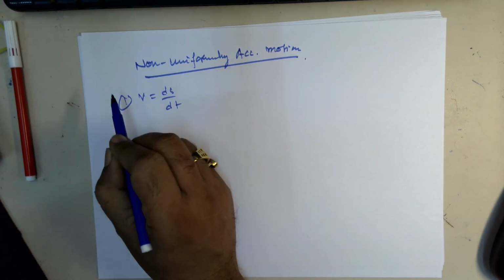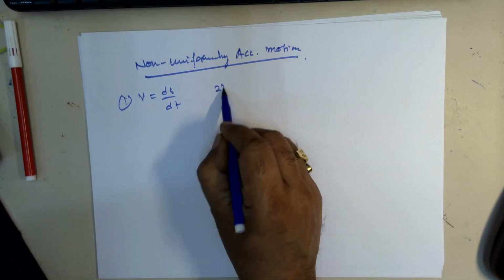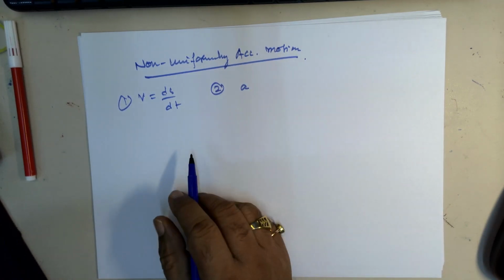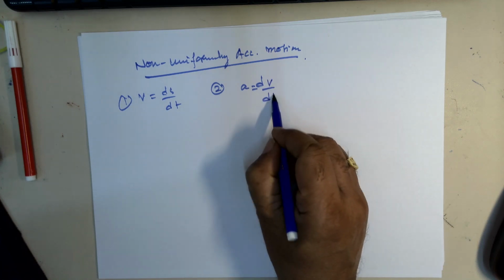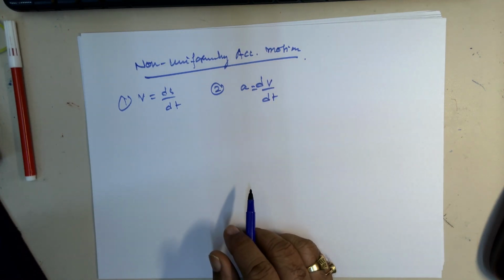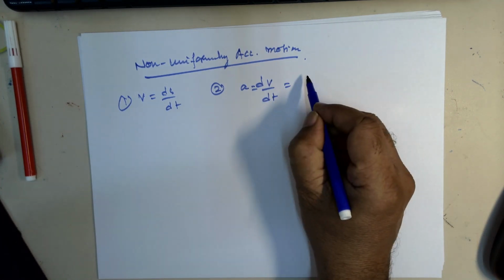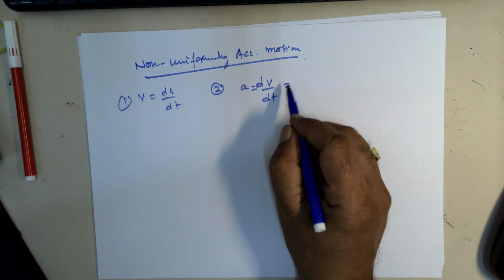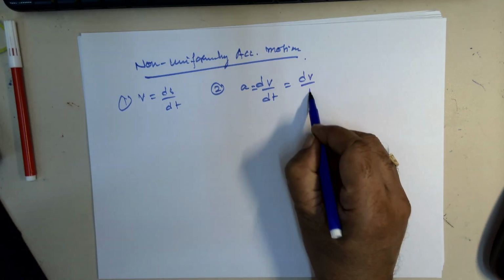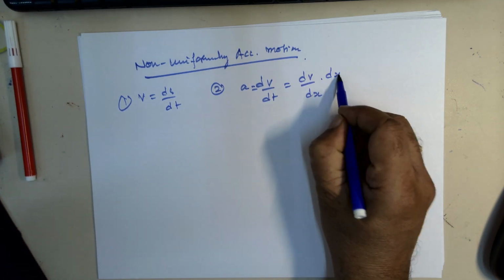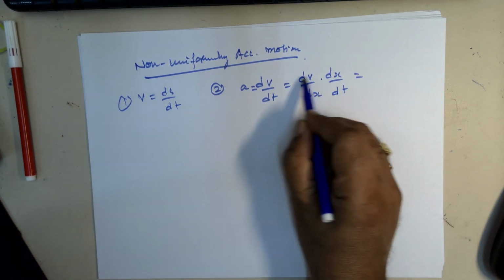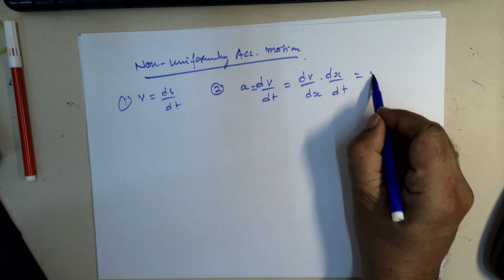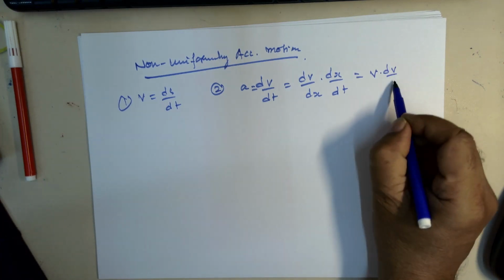That is number one. Number two, a is equal to dv by dt. And as I already mentioned, this can be multiplied and divided by dx. So this becomes dv by dx into dx by dt. In that case, dx by dt is equal to v, therefore v dv by dx.